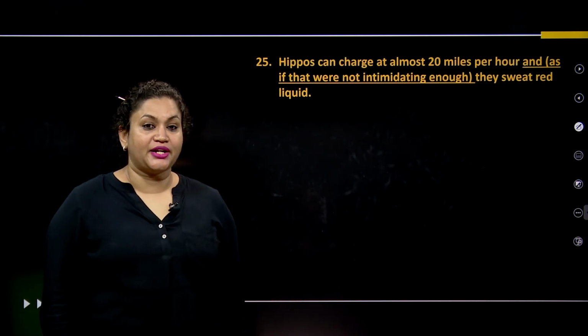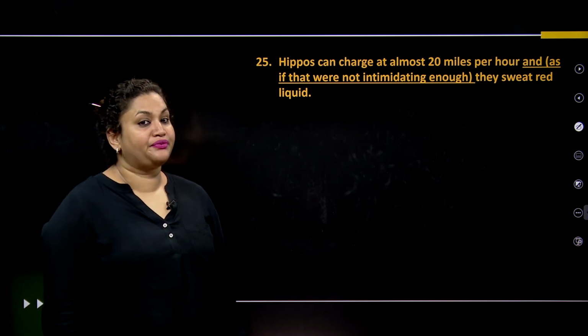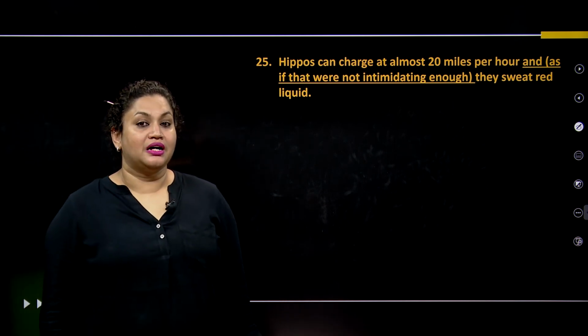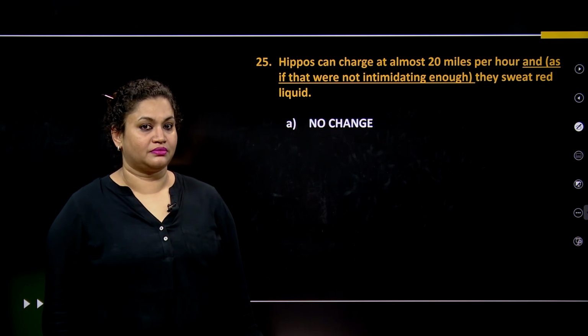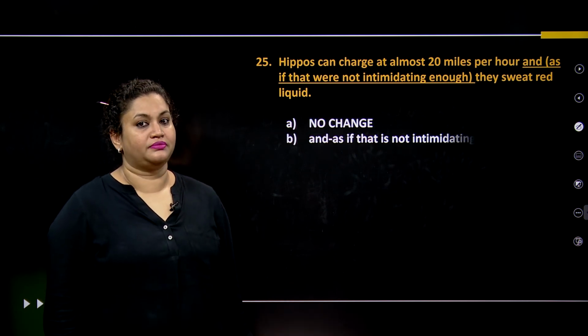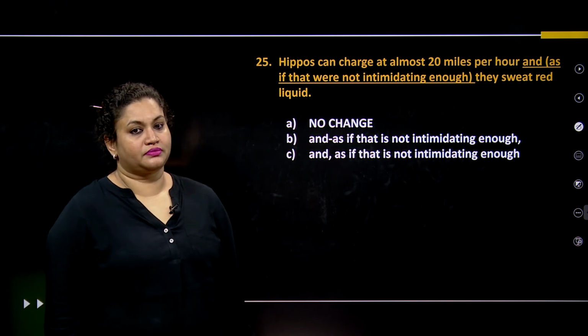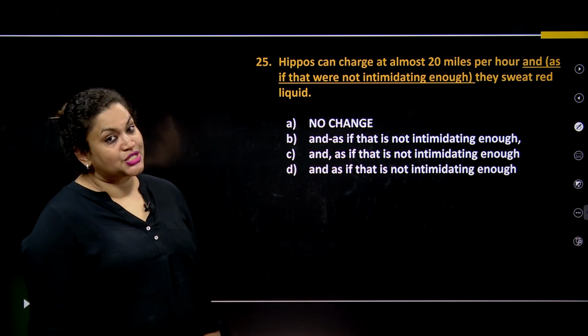Hippos can charge at almost 20 miles per hour, and as if that were not intimidating enough, they sweat red liquid. Let's check. These are the options. Let's check what can go.